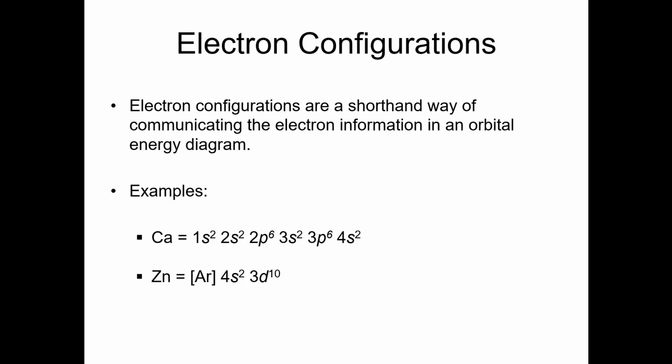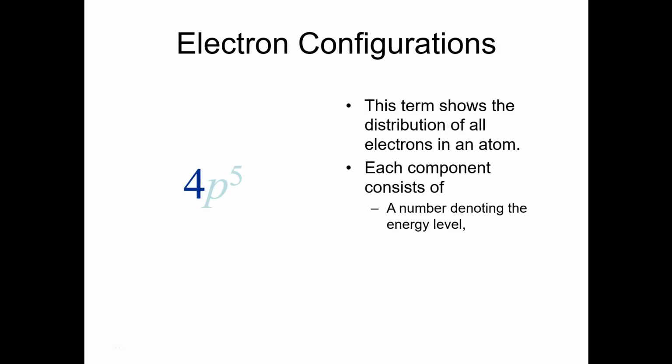Okay, so I've told you that these are the notations that correspond to these elements. How did we get there? The first thing to do is simply to take one of these little things, say a 4s2 or something like it, and explain what that means.